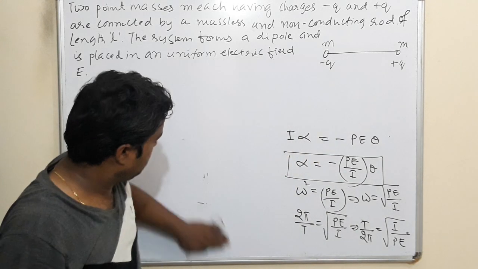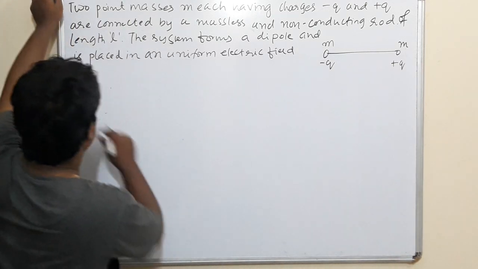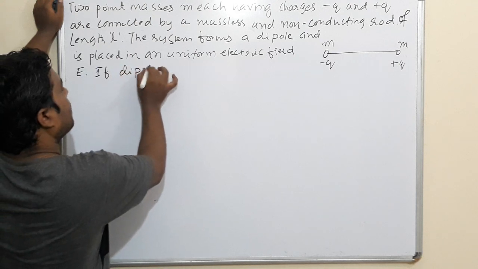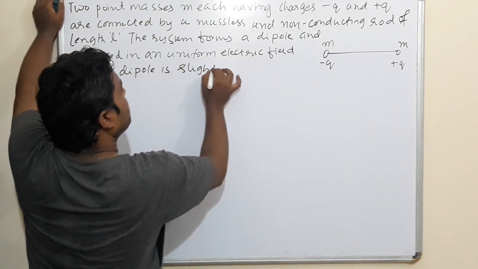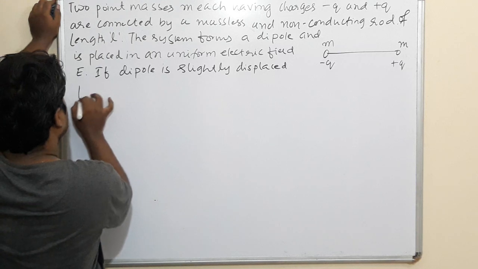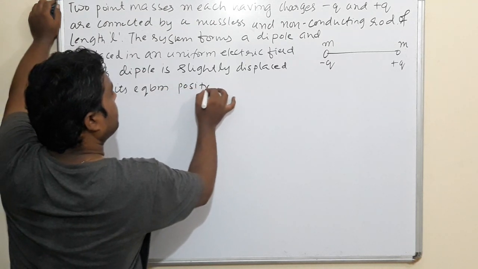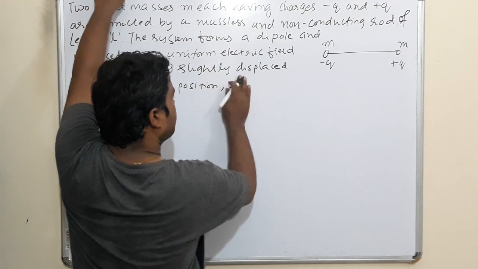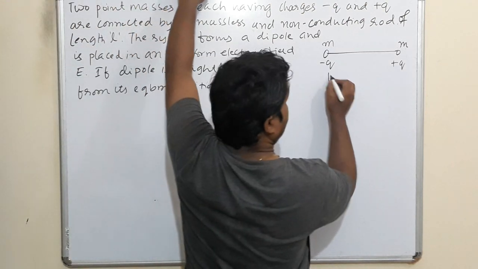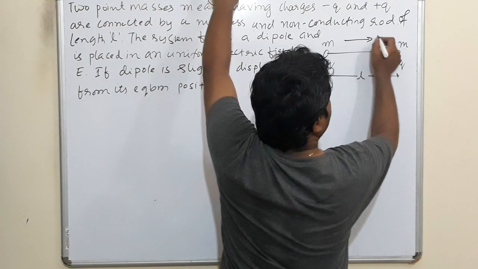It is L. If the dipole is slightly displaced from its equilibrium position, then again you have to show that it executes SHM, and you have to find the time period in terms of mass and length. Okay, electric field applied here is E.